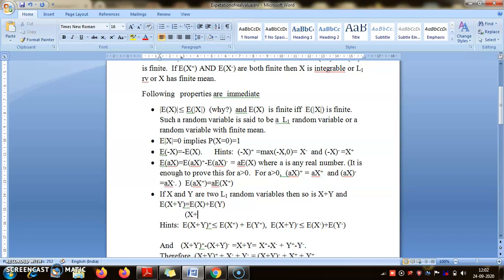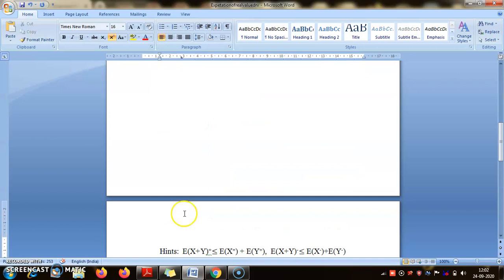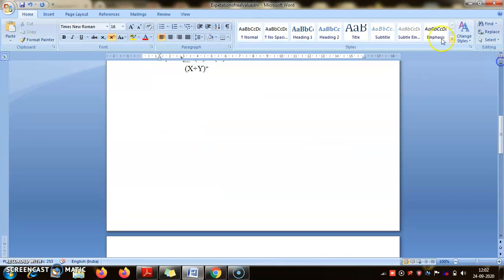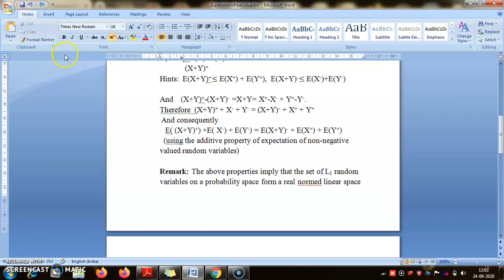Now I leave it as an exercise for you to verify: how is (x plus y) plus related with x plus and y plus? How is it related with these two? What should I be putting here?